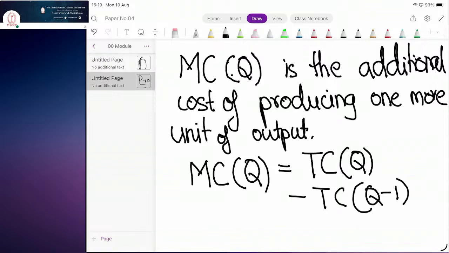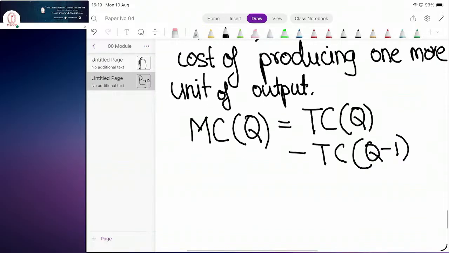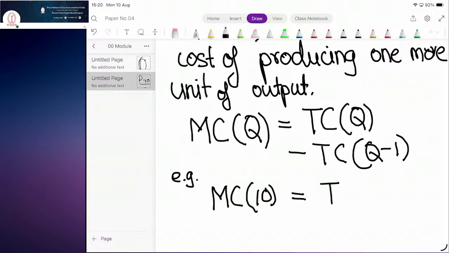For example, marginal cost of the 10th unit of output will be TC of 10 minus TC of 10 minus 1, which is 9. Correct.